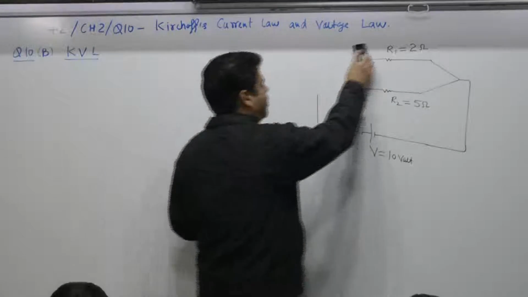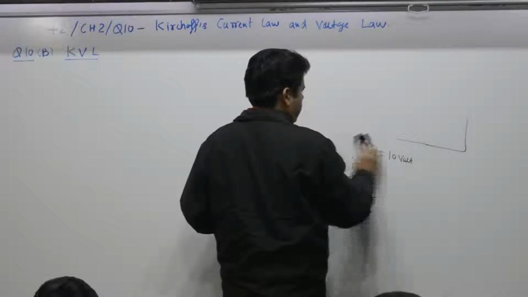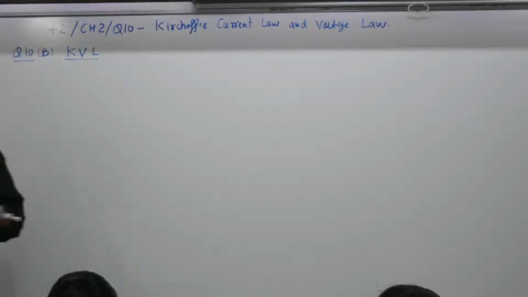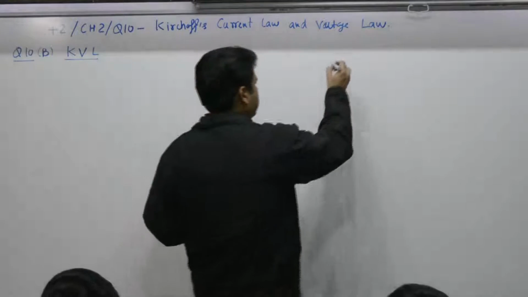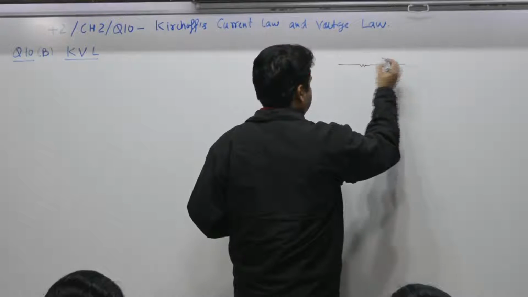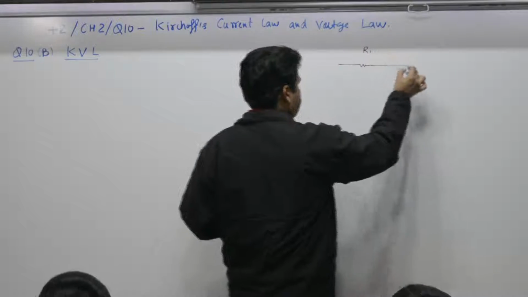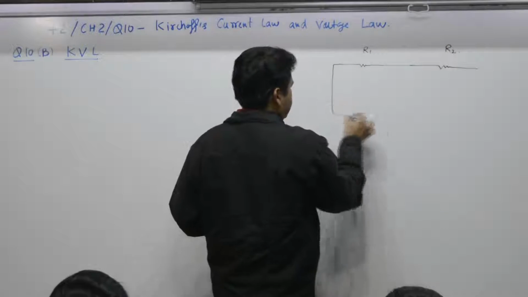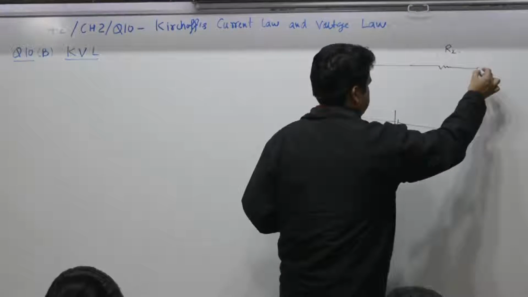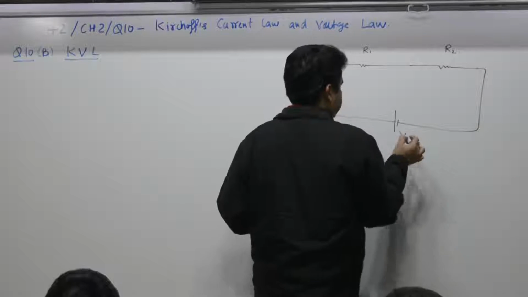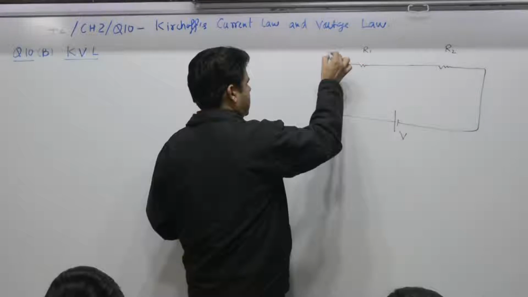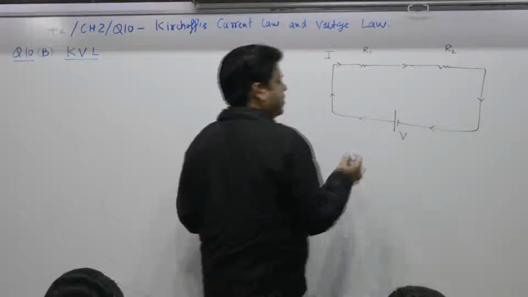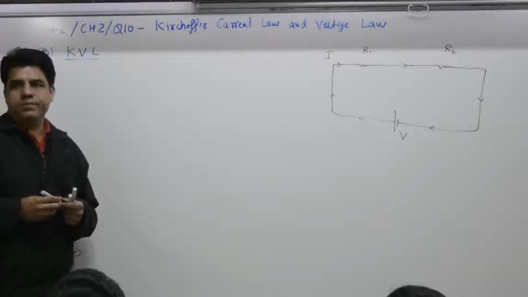Kirchoff voltage law. The law is, if you have a resistance R1, another resistor R2, connected across a voltage V, then the current flowing in the loop is I. So you have to trace the loop.